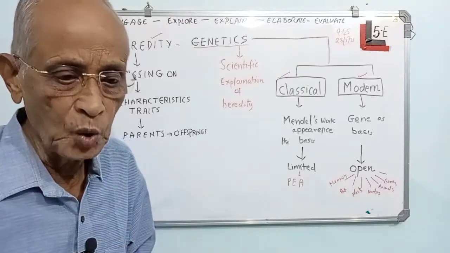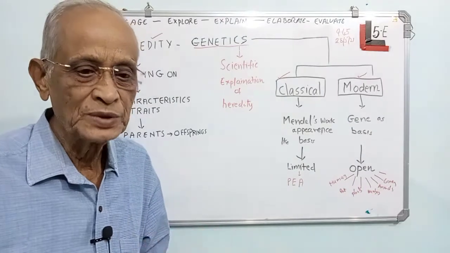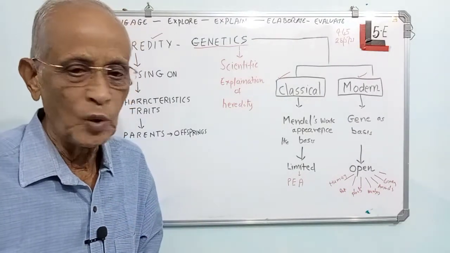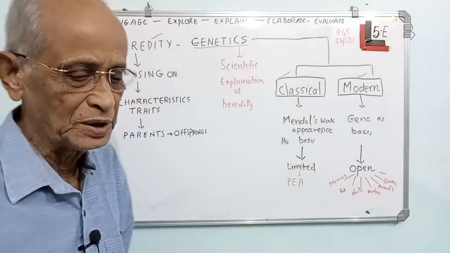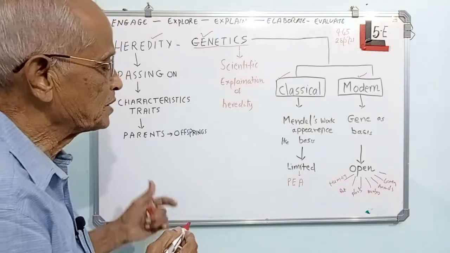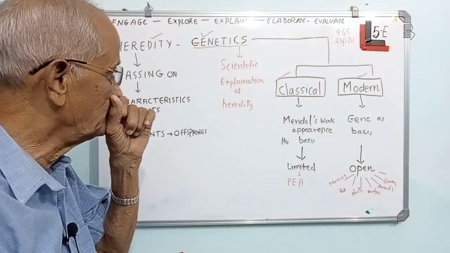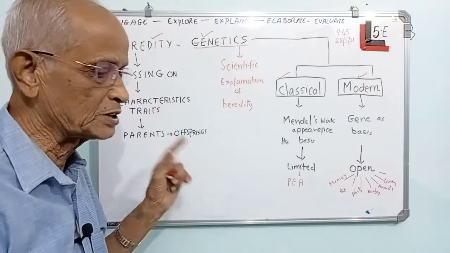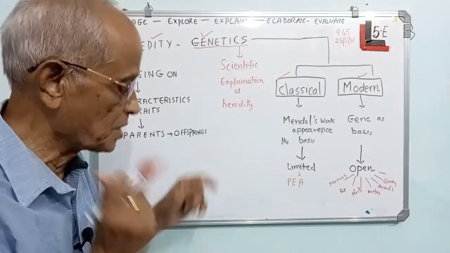How the characters are passed on from one generation to another was not known earlier, and the study of that is called genetics. Genetics started much earlier. We'll look into that. So the scientific explanation of how traits are passed is genetics.